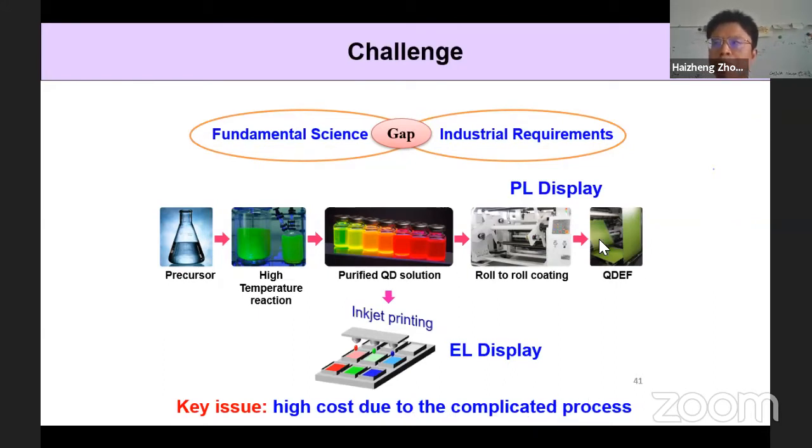For example, for LCD backlight application, we start from precursors, then the precursors undergo high temperature reactions at about 300 degrees. These preformed QDs were purified into a QD solution, and they were further incorporated with polymer and fabricated into thin films through roll-to-roll processing.